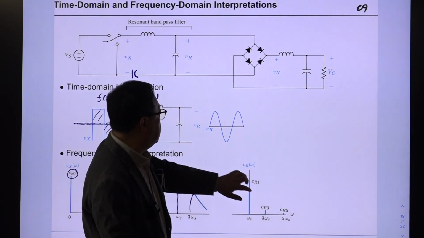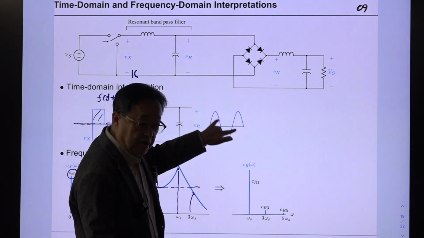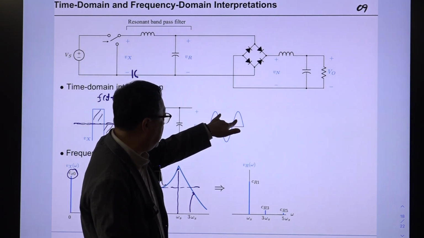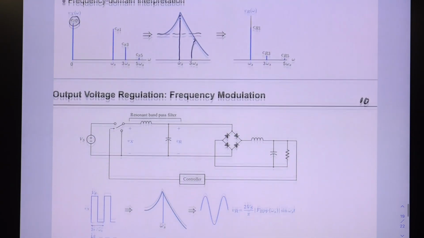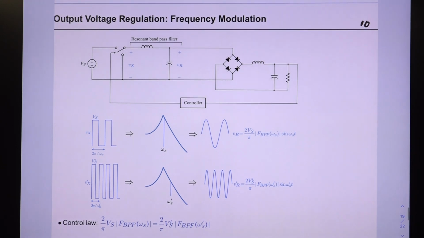Then you recover this. This is the time domain representation and the frequency domain representation. This again explains the resonant power conversion in time domain interpretation, and another one in frequency domain interpretation. Next one is output voltage regulation.